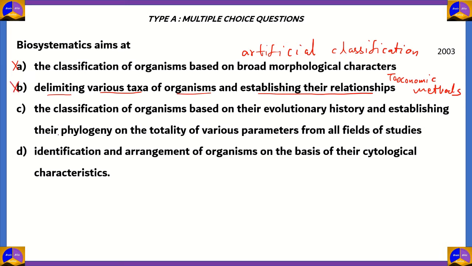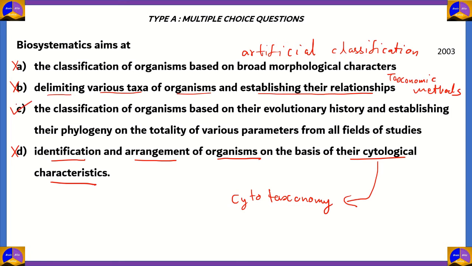Now, what about option D? Identification and arrangement of organisms on the basis of their cytological characteristics. Well, the term cytological characteristics would mean that this definition holds true for cytotaxonomy. So that means option D is also incorrect.